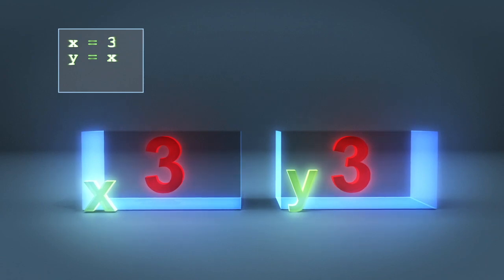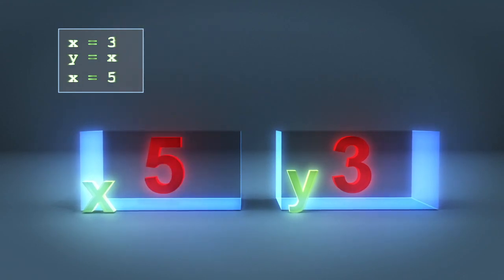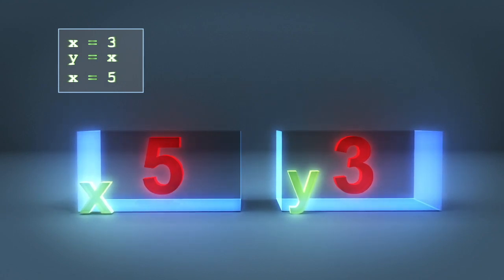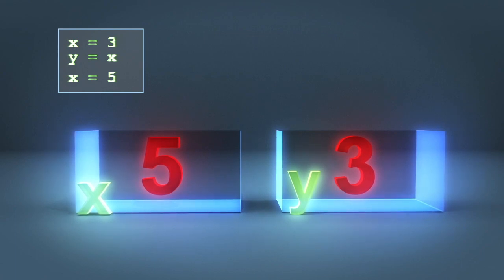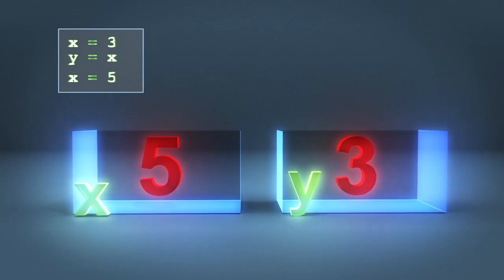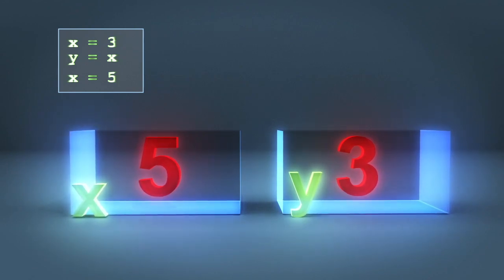Now, let's say that we have a third line of code, where we assign a value 5 to x. Notice that the value of y is unchanged. It doesn't matter how y was originally defined. All we care about is the current line of code and what it changes. So, assigning 5 to the x variable has no effect on y.